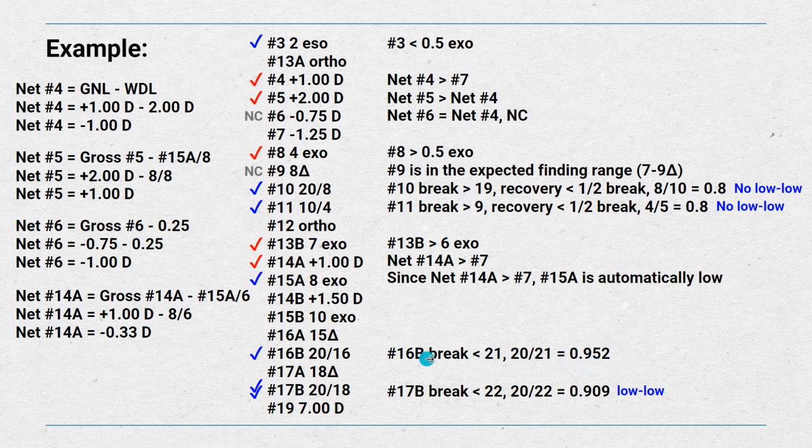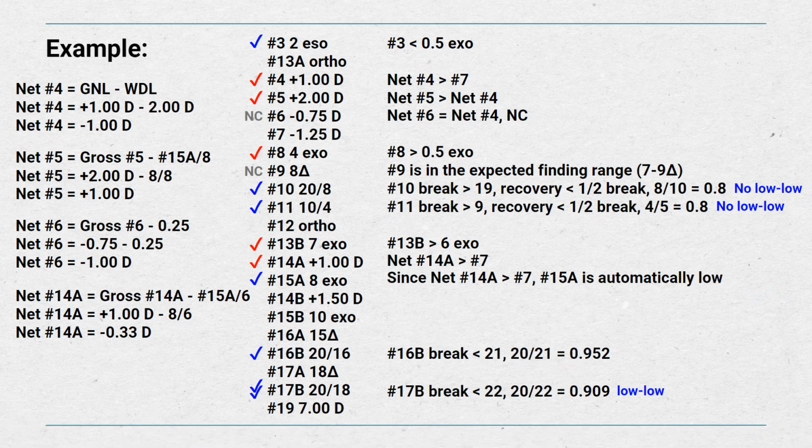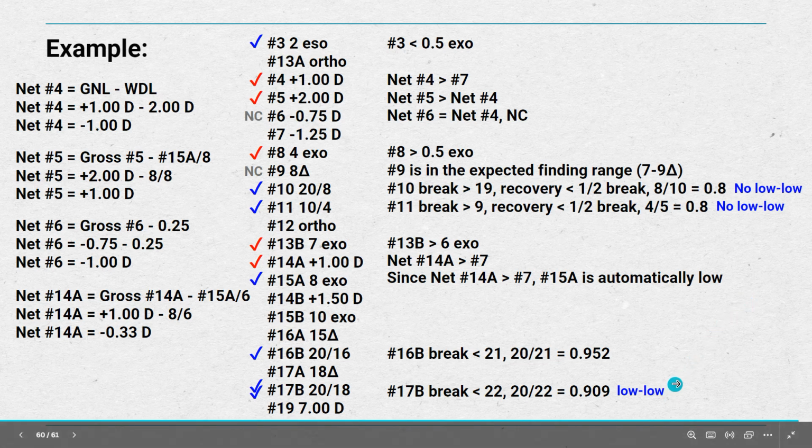For 17B, we use the 20 over 22, where 22 comes from the expected break. So 20 over 22 is equals to 0.909, which is now our low, because 17B is smaller than 16B. So it gets two blue checks.